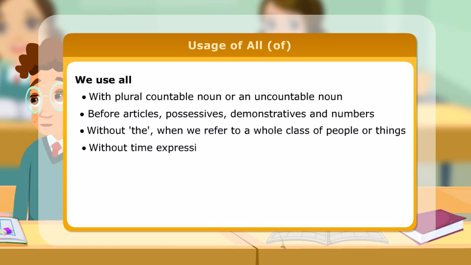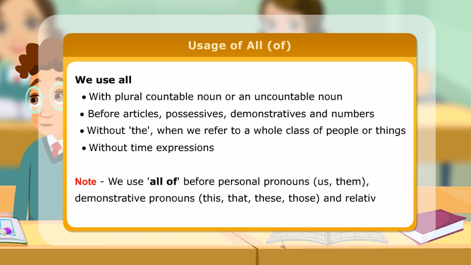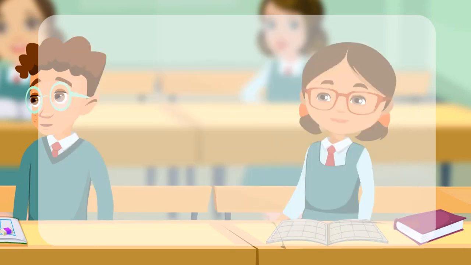Without time expressions. Note. We use all of before personal pronouns, us, them. Demonstrative pronouns, this, that, these, those. And relative pronouns, whom, which.